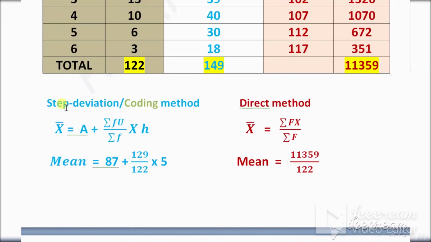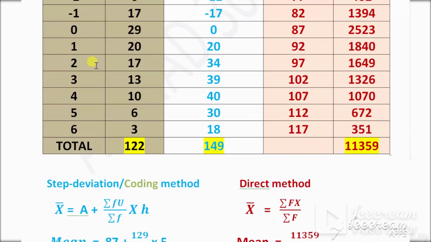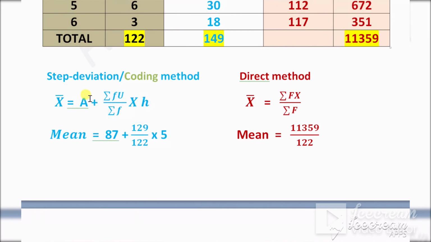Now the step deviation method formula is x bar is equal to a plus summation fu divided by summation f, multiplied by h. Here a is the assumed value, which is 87. It is also given in the question, x minus a, where a is 87 and the divide term 5 is h. So replace a with 87.